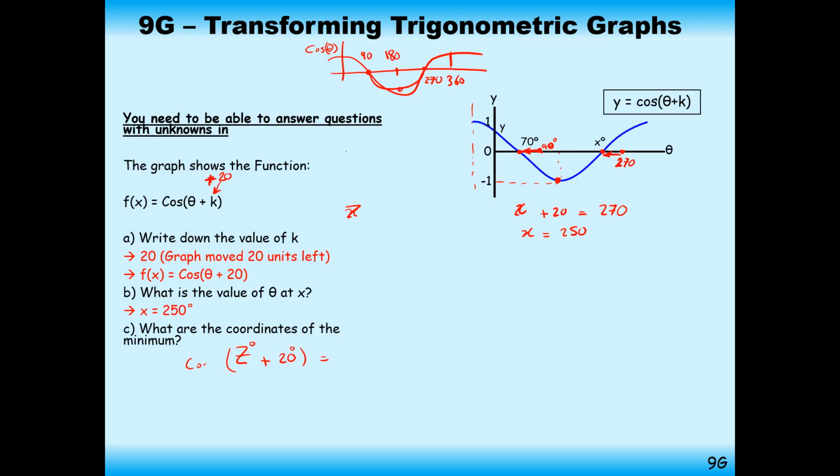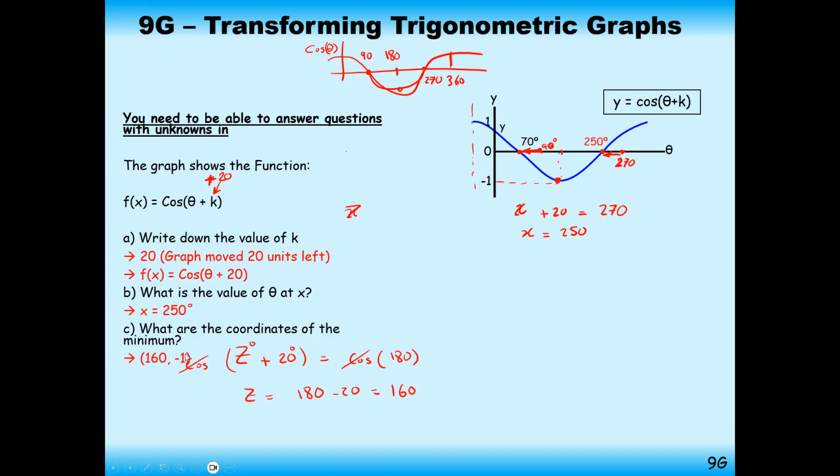The cos of z plus 20 must be the same as cos of 180, which is -1. So you just take cos inverse of both sides. z is 180 minus 20, which is 160. Everything has moved to the left; we are subtracting 20 from every degree that we had. So it will reach its minimum at 160 degrees.